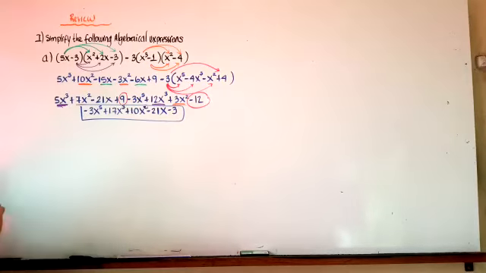Wait, but why is the negative 3x to the fifth first? Oh, I understand now. Remember, focus on the highest power of the variable.